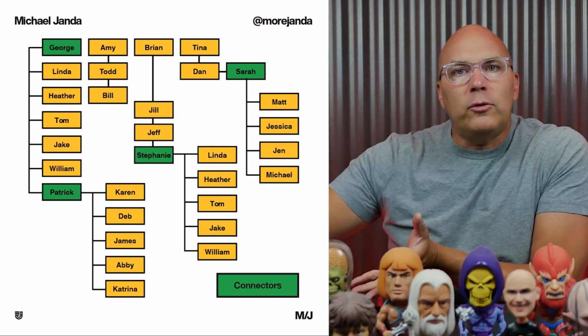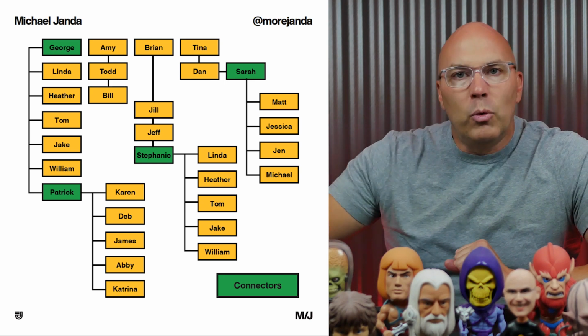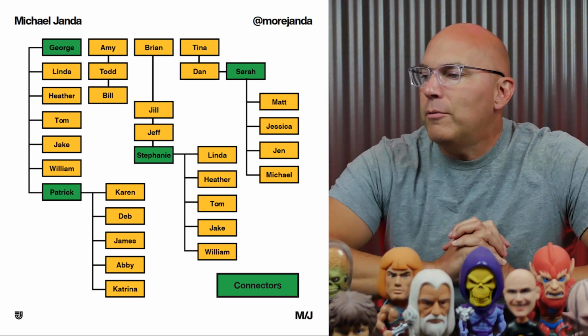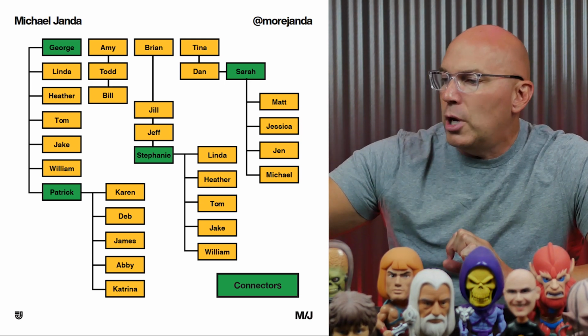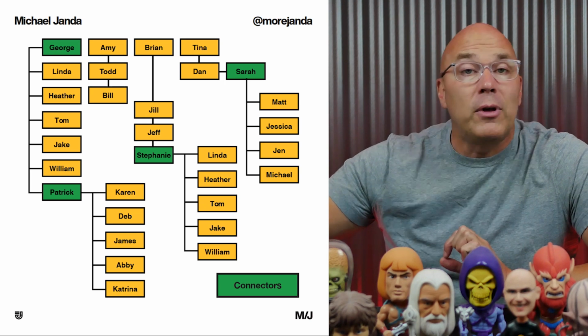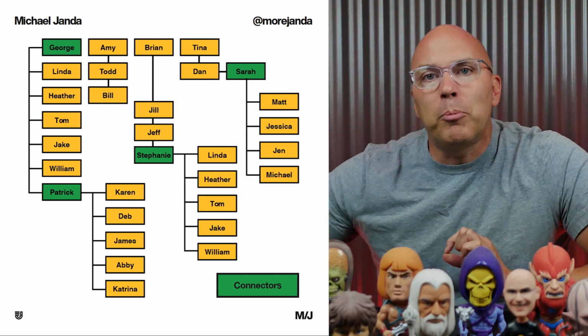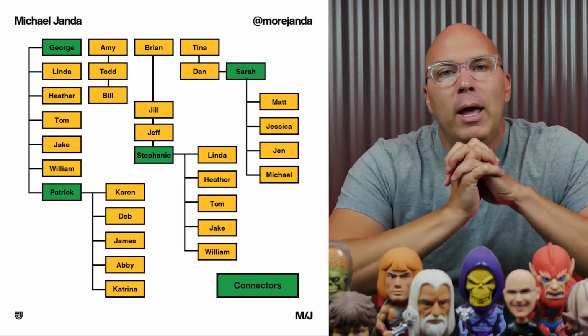Now, of those 6 different clients, only one of them, Patrick, referred us to any other clients. He referred us to 5 different people. And you can see that Brian referred us to one, Jill, and Jill referred us to Jeff, and Jeff referred us to Stephanie, and then we found another person who referred us to many people, 5 more people. Now, these are, again, all fake names just to save privacy of the people that we worked with.